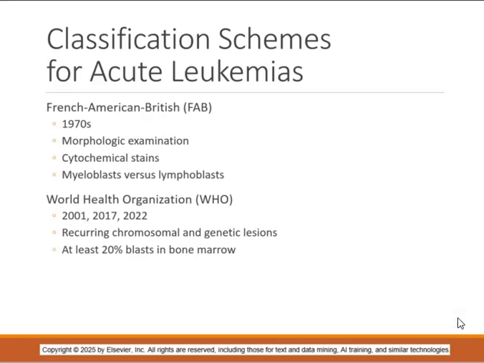There are different ways we classify anemias, acute leukemias, basically all leukemias. The first one was FAB, the French American British, developed in the 70s. That basically goes on differential results and scatter plots. In other words, you're looking at the morphology, so it's very limited. That's all we had.